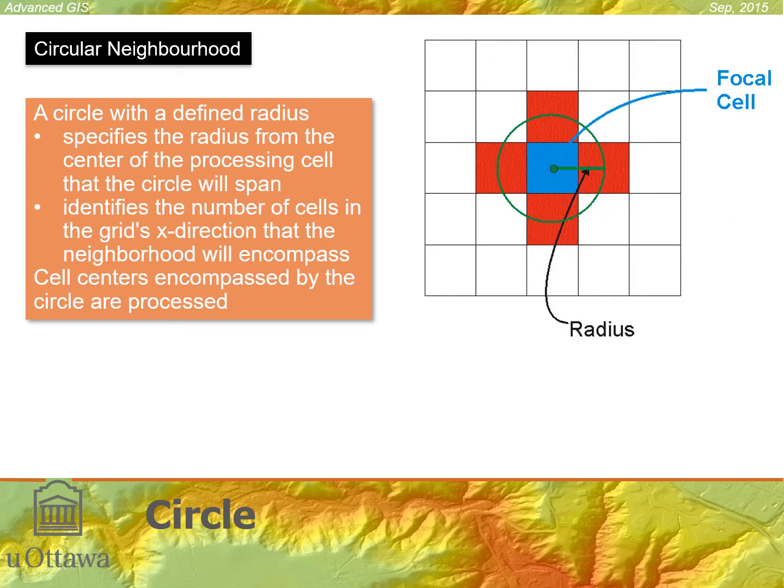Here's an example of a circular neighborhood defined by a radius of 1 unit of resolution. So with 1 unit of resolution, a circle drawn around the middle of the focus cell would only include the middles of the cells that are in the north, south, west, and east directions, the ones highlighted in red here.